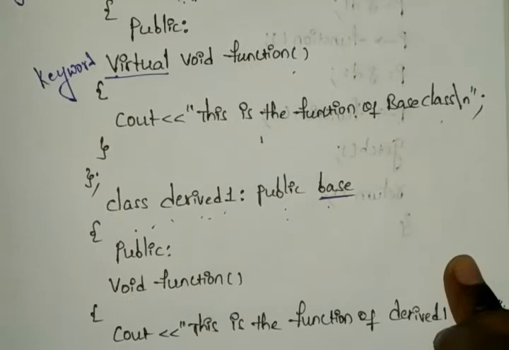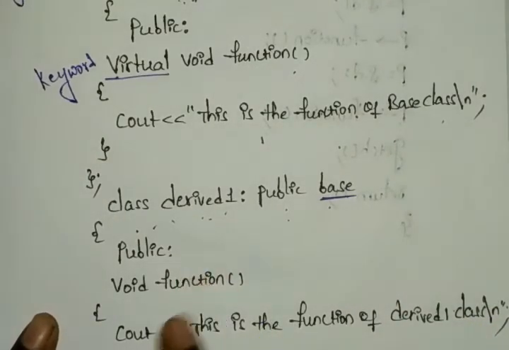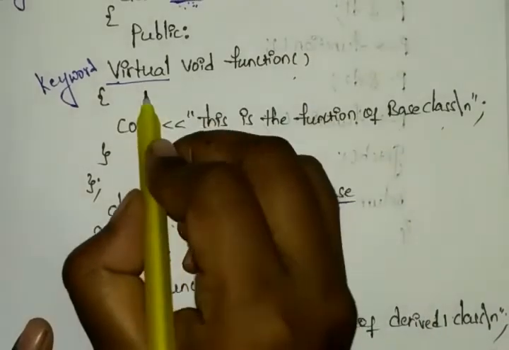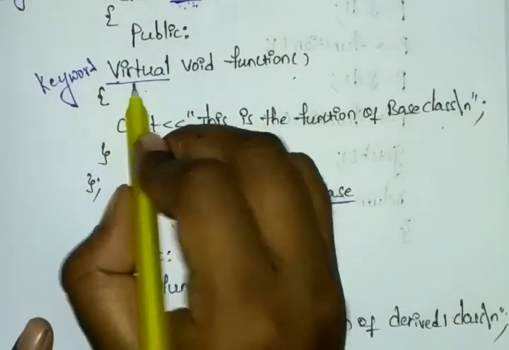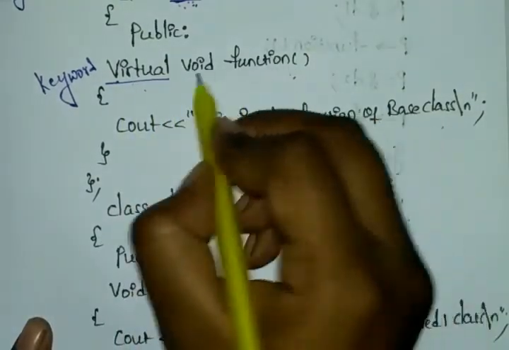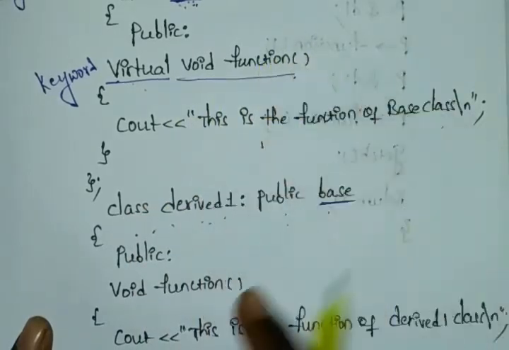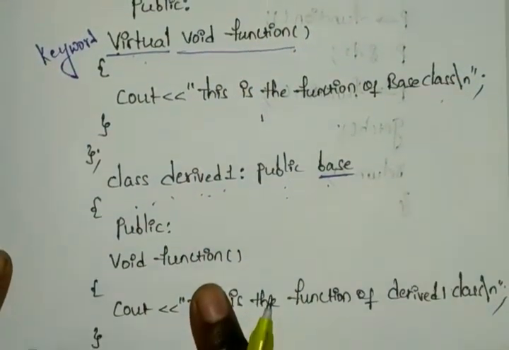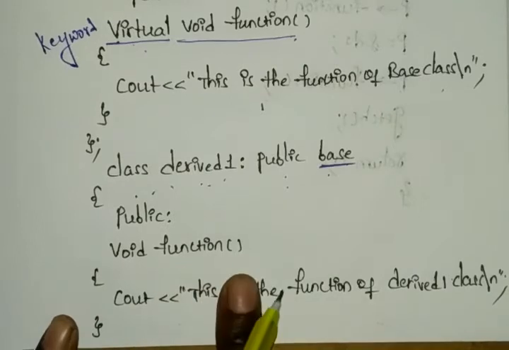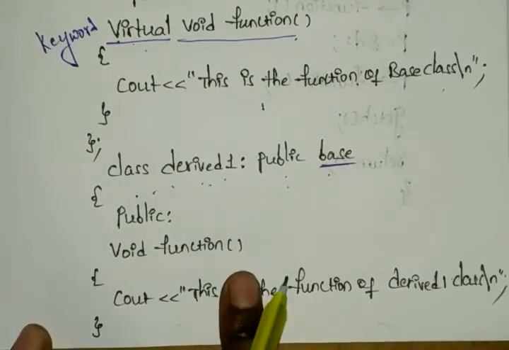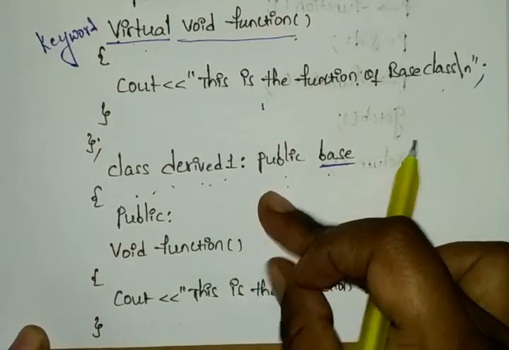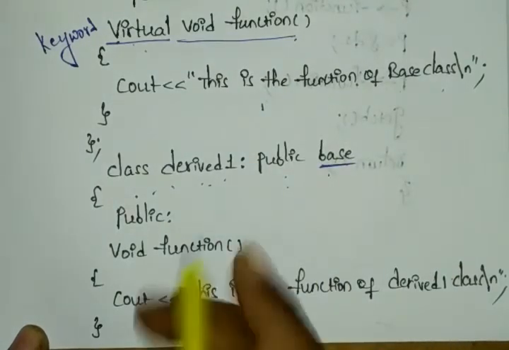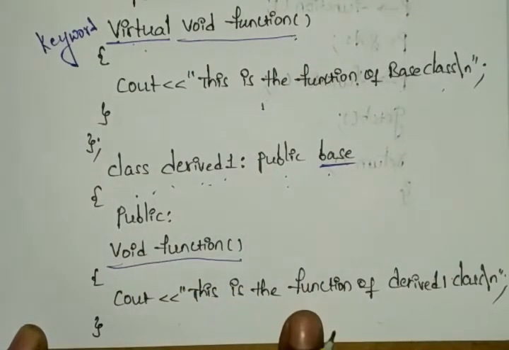This public section has the void function, and the virtual one also had the void function. You can observe clearly that the void function came again. So this is function overriding.